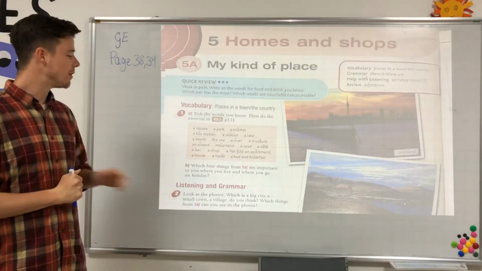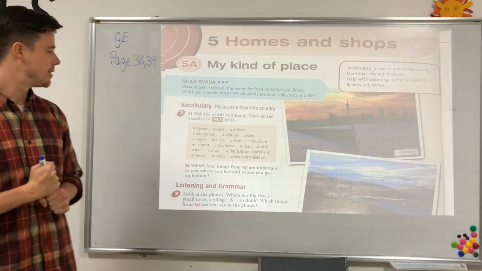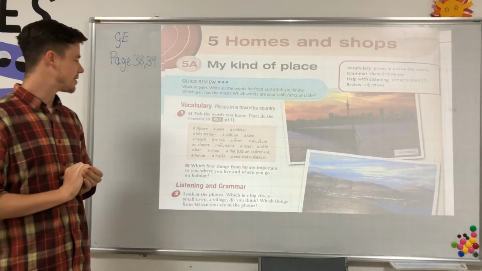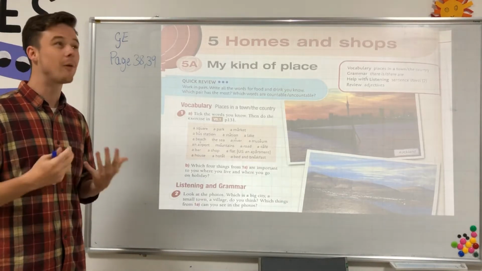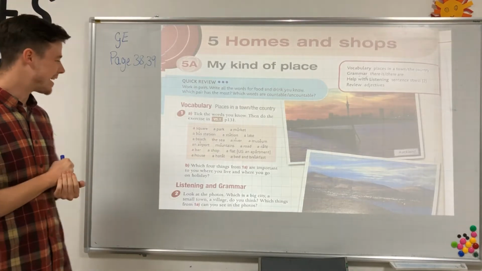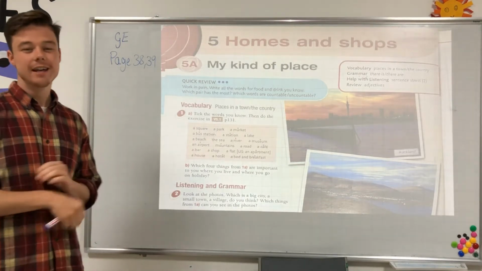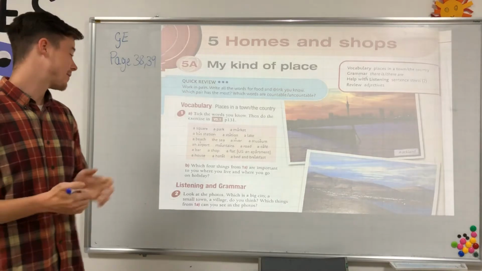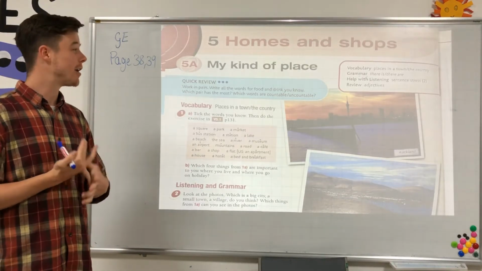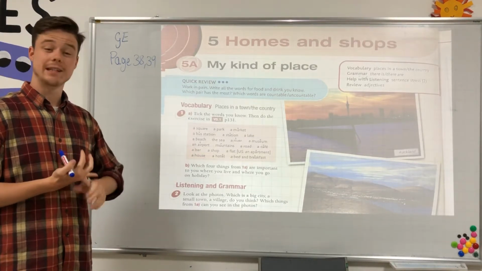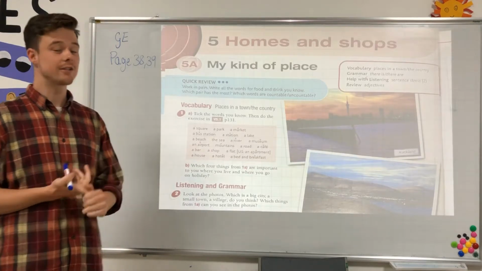In part 1 on page 38, we have around 15 words, things that we might find around our home. Places in the town, the city, the country.